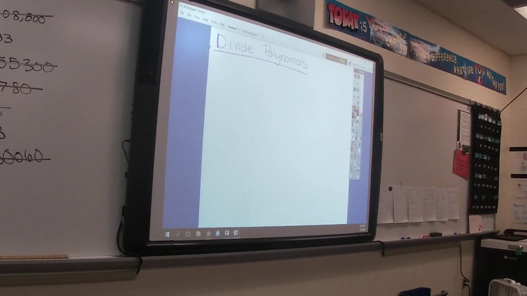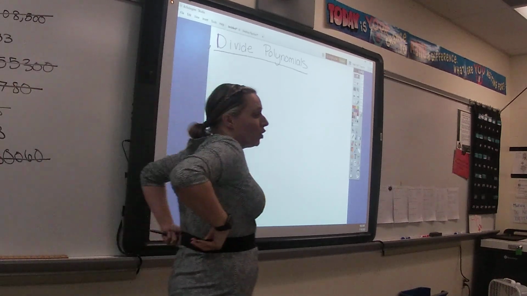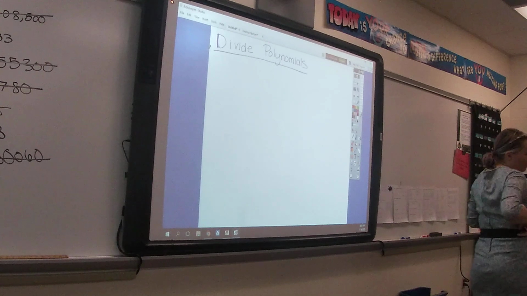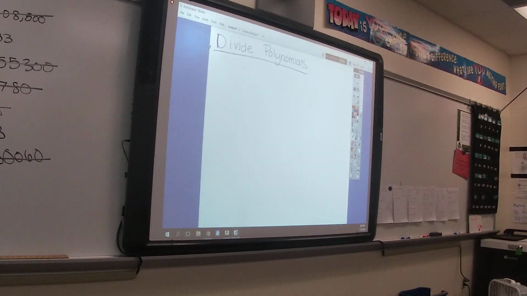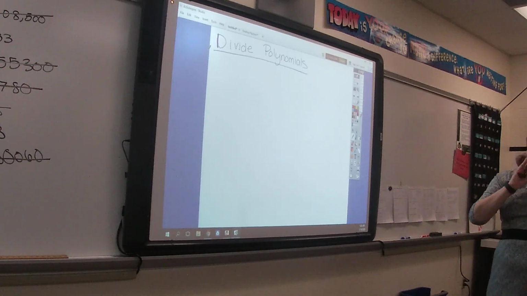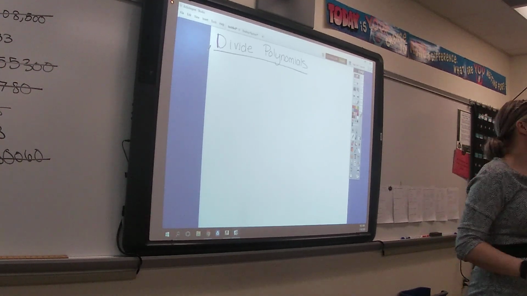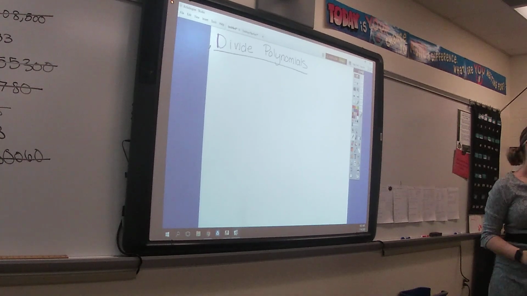Okay, so today the last topic that we need to add in terms of operations with polynomials is dividing polynomials. Now, when we went through multiplying, we talked about all the different options so that we could figure out and understand how to multiply no matter what we were given. We're not going to do that with dividing.